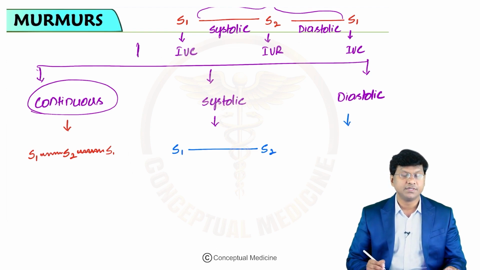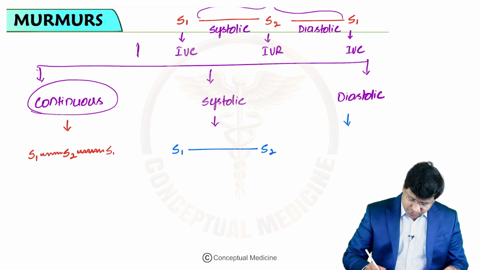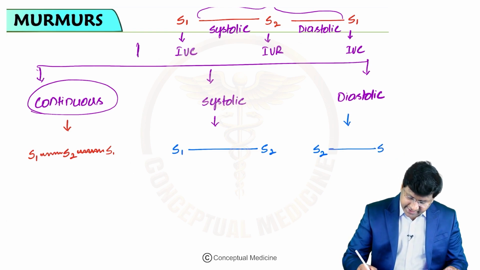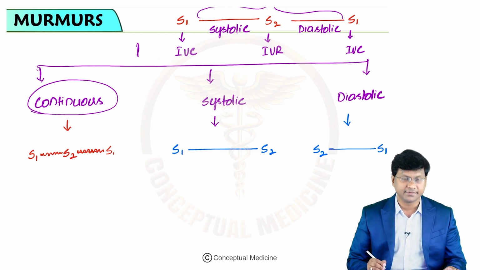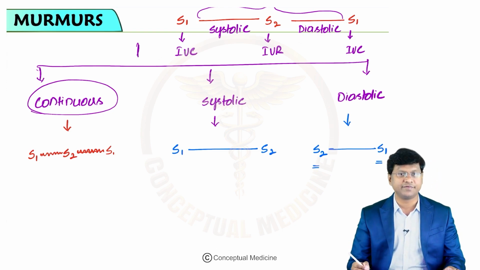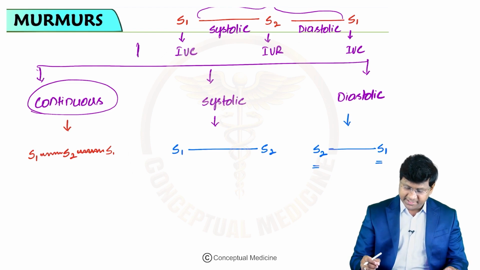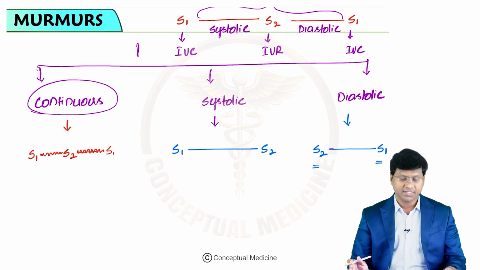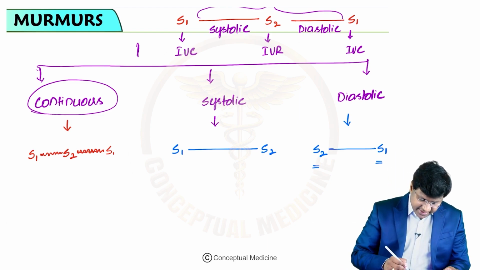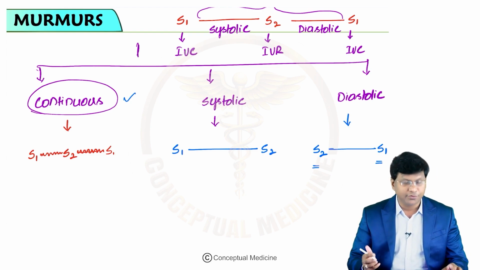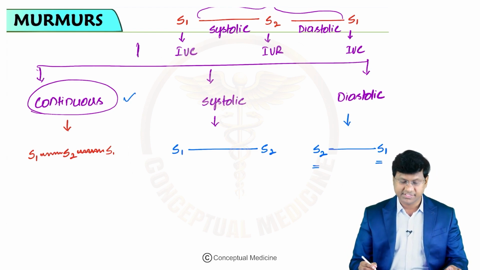Diastolic murmurs are those which start at S2 and continue up to S1 again. Any murmur which occurs between S2 and S1 will be your diastolic murmur. Now let me discuss in detail the continuous murmurs first, followed by the systolic and the diastolic murmurs.